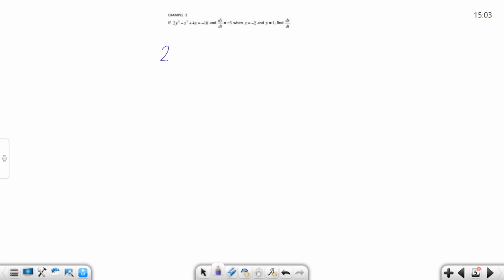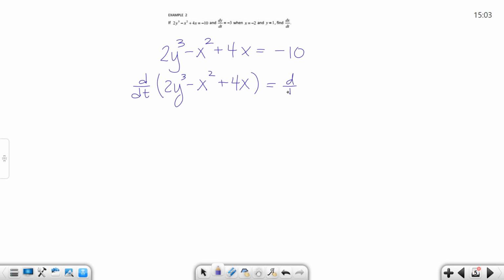Okay, so my equation looks like this. We want to take the derivative with respect to t of both sides. So there's the left, and there's the right.